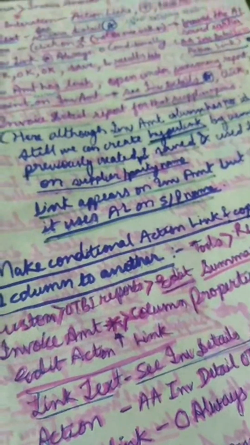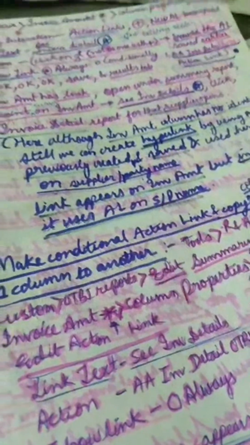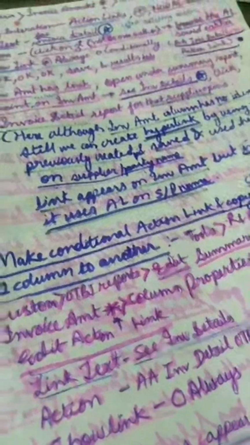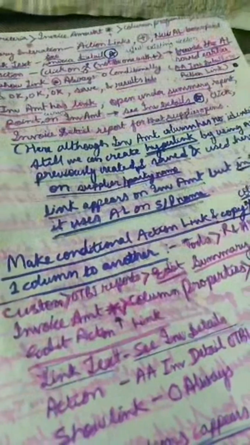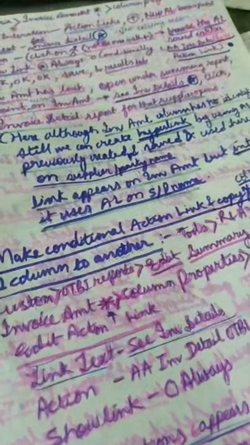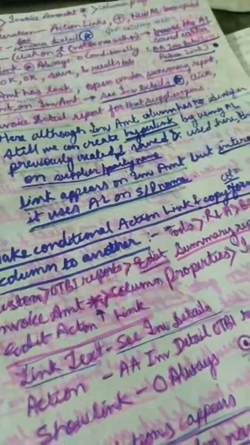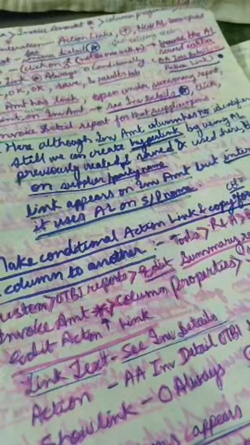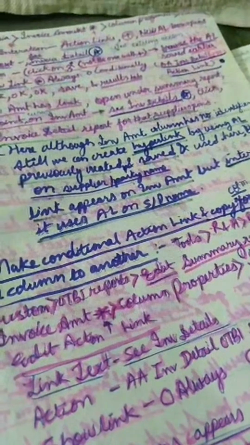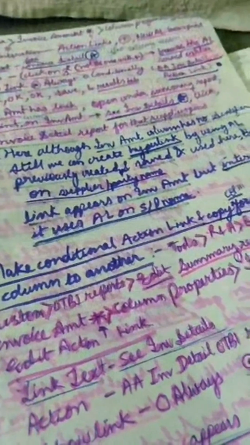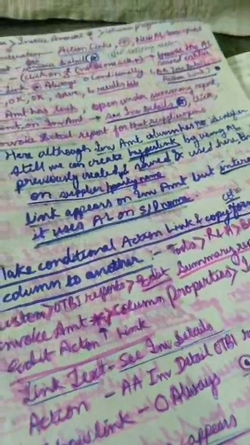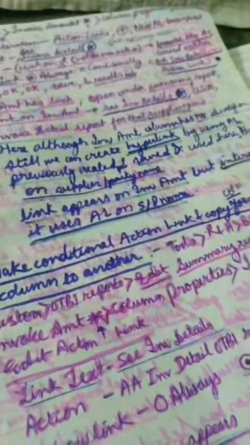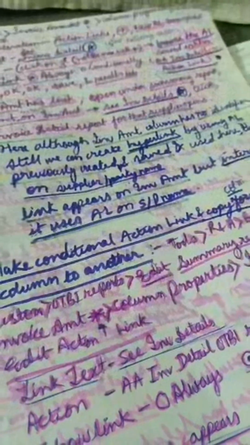Only if certain criteria are fulfilled does the link appear. For whichever row value the mentioned condition is fulfilled, only that will appear as an action link.